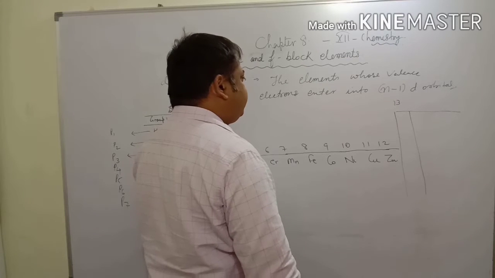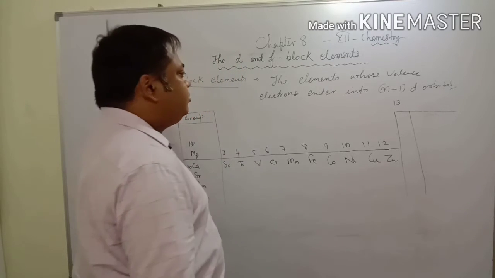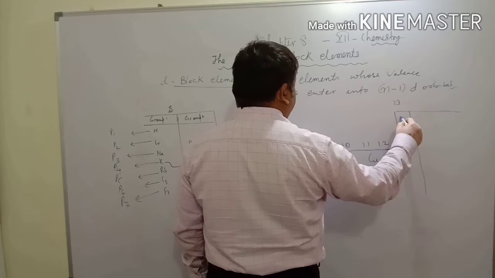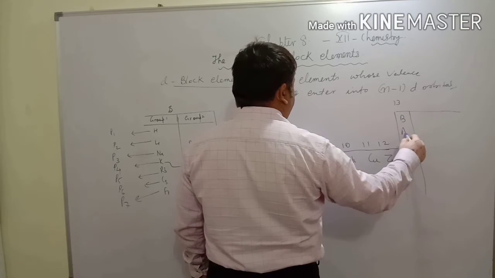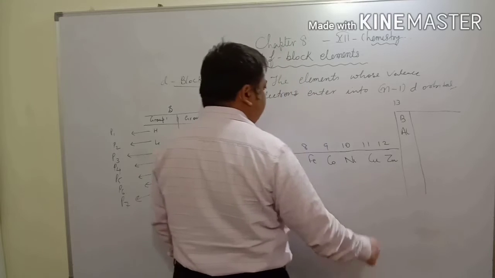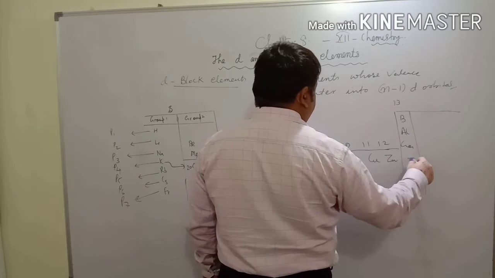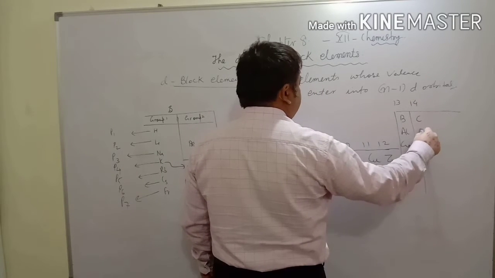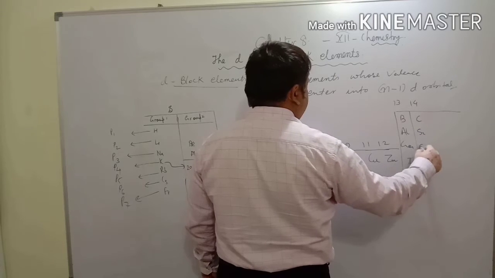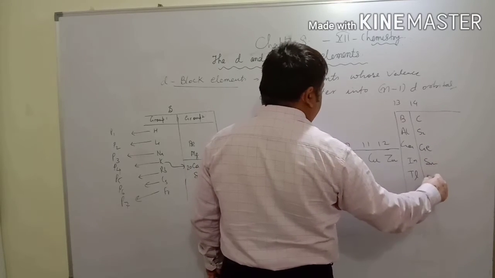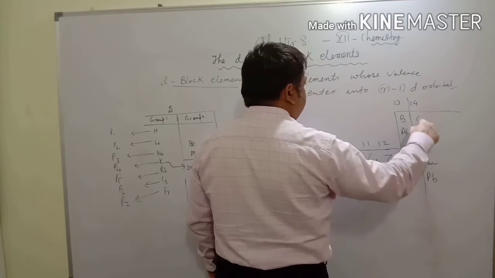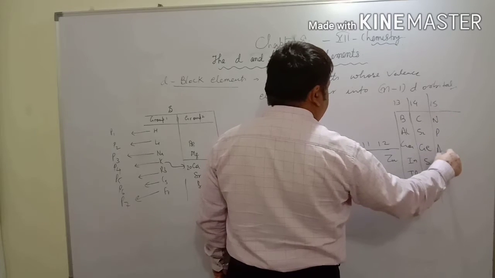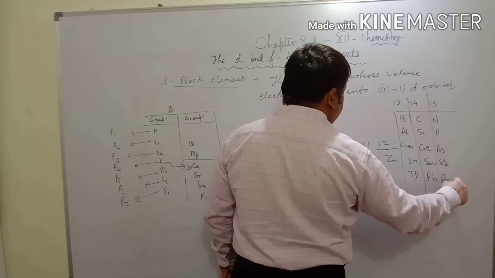This started from boron, aluminium, and so on. Gallium, indium, thallium. Then group 14, carbon, silicon, germanium, tin, lead. Then group 15, nitrogen, phosphorus, arsenic, antimony, bismuth.